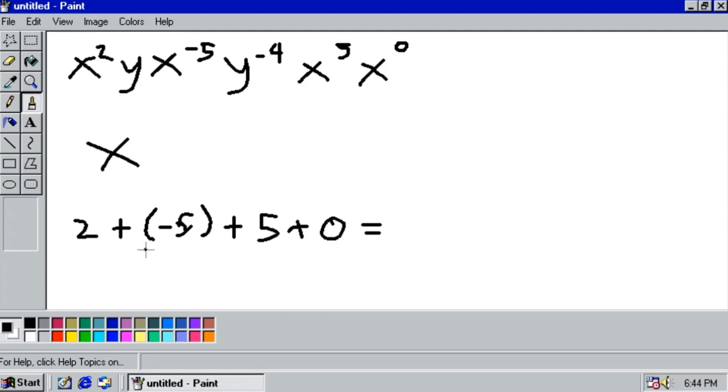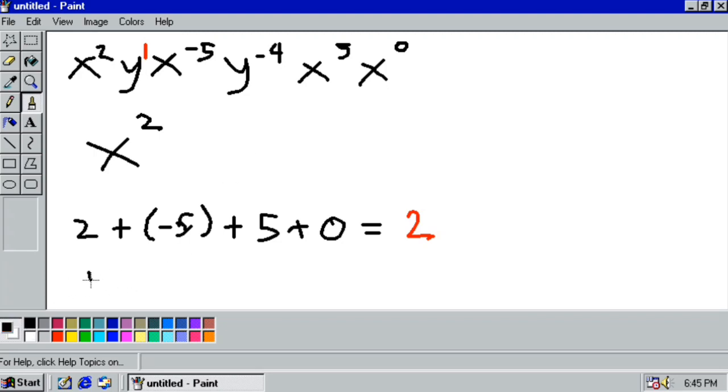So we have 2 plus -5 is -3. -3 plus 5 is 2. So we're gonna have x squared. Now for y, if you don't find an exponent on the top, it automatically has 1.